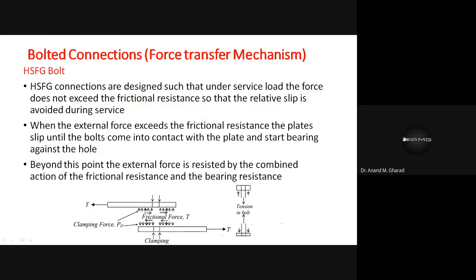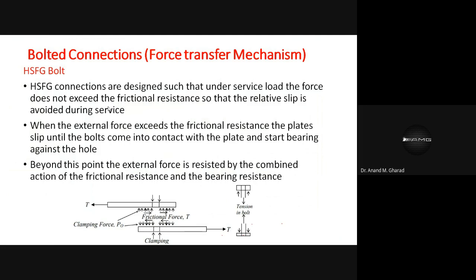Okay, so these are the high strength friction grip bolt connections which are designed such that under service load the force does not exceed the frictional resistance, so that the relative slip is avoided during the service. When the external force exceeds the frictional resistance, the plates slip until the bolts come into contact with the plate and start bearing against the hole. That is nothing but the bearing action.